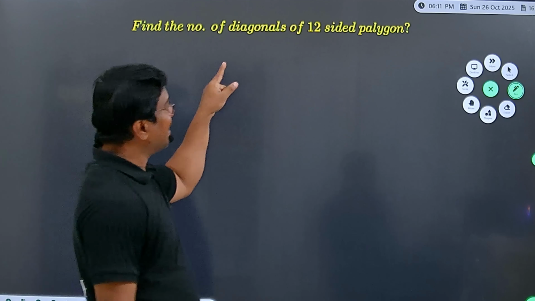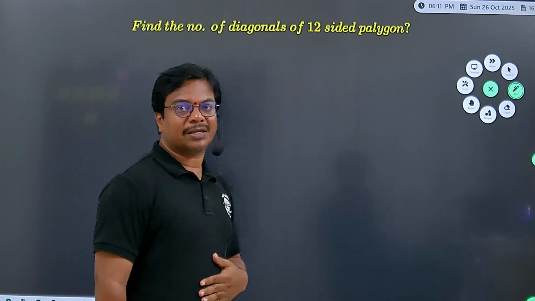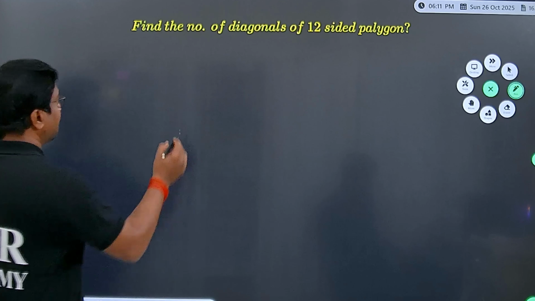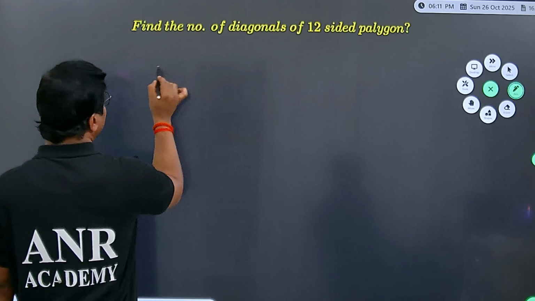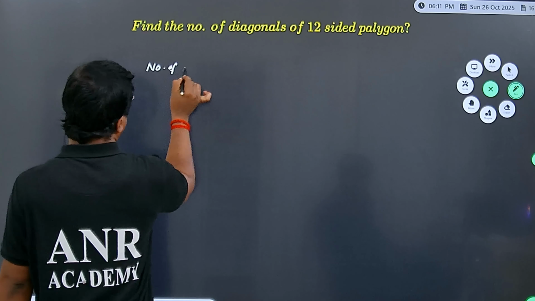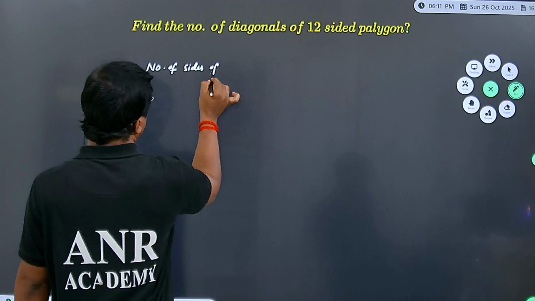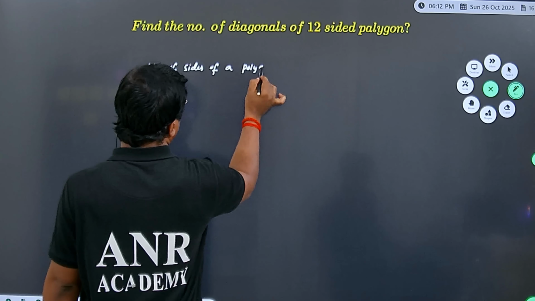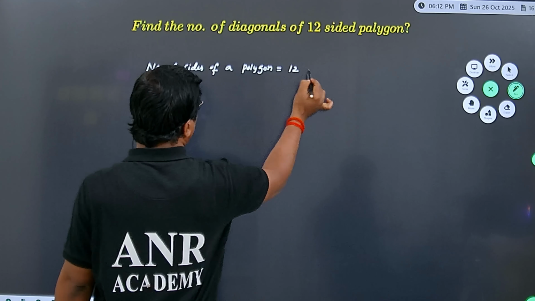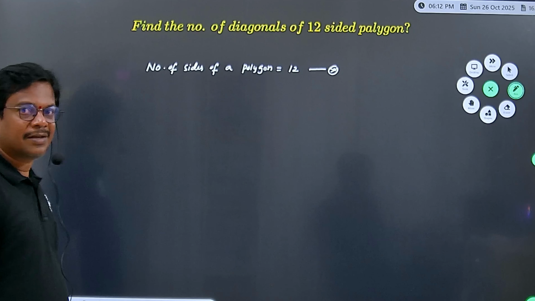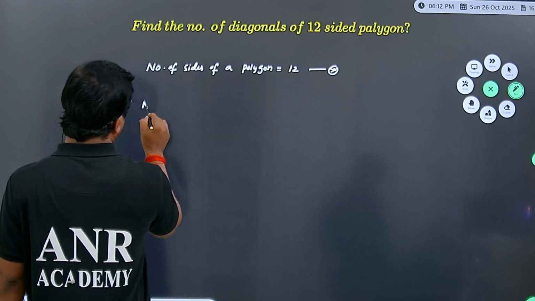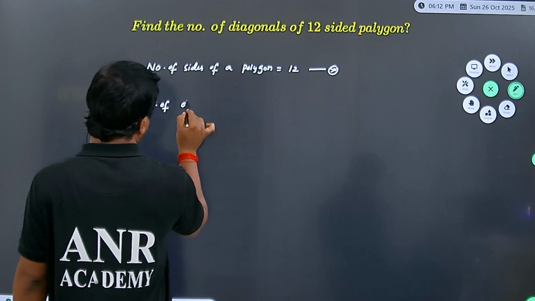Find the number of diagonals of a 12-sided polygon. Here you have a polygon of sides. Number of sides of the polygon is given as 12. You know the formula n into (n minus 3) by 2 is the formula for calculating the number of diagonals. I am going to write the formula.